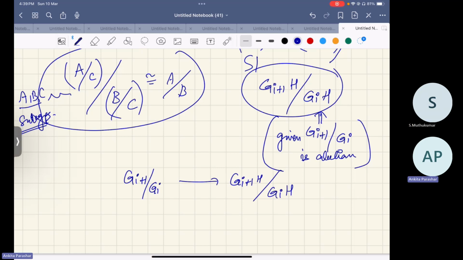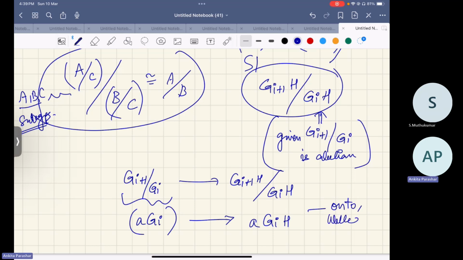And what is that natural map? You take any element here, some coset like this, and this will map to A times GiH. Is that okay? Yes. And you can very well prove that this is onto, and this is a well-defined homomorphism.